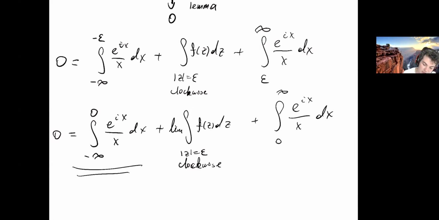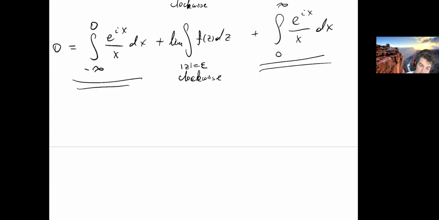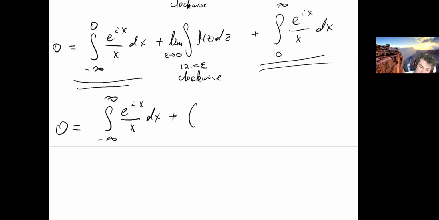And now we need to realize that these two integrals add together and give me an integral from minus infinity to plus infinity, because I have from minus infinity to 0 plus from 0 to infinity. So this is what I'm looking for. And this is exactly minus pi i times b0, where b0 is the residue of f of z at 0.